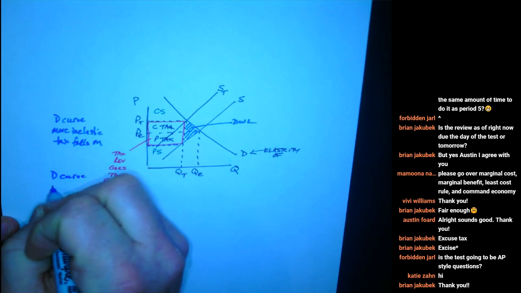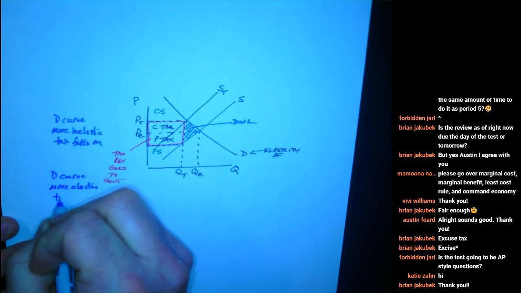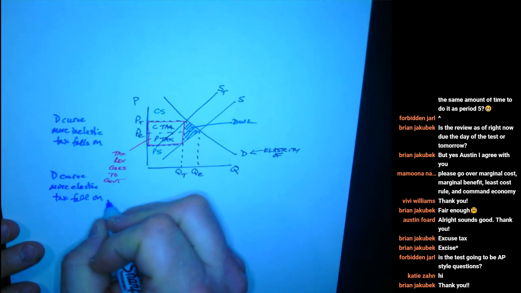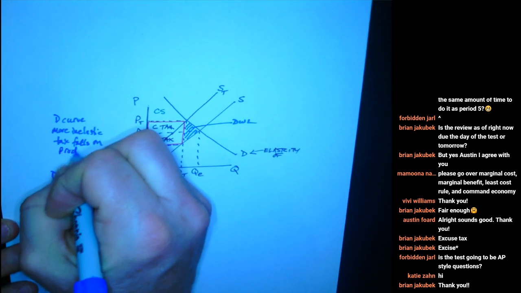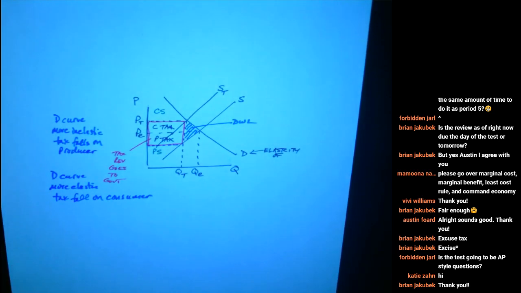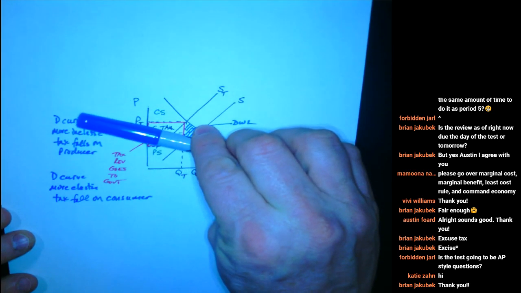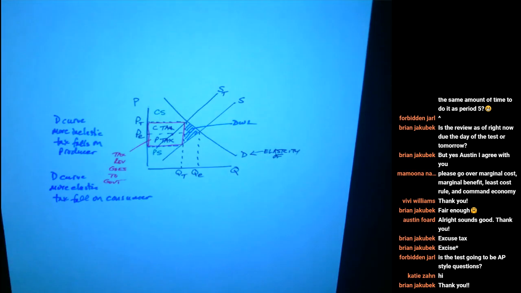If the demand curve is more elastic, the tax burden falls on, that would be the consumer, and that would be the producer. And if I got it wrong, sorry about that, but that should be it. So if that falls that way, then the burden is on the more of the consumer. If it's this way, it's more on the producer. Okay? And you're welcome.